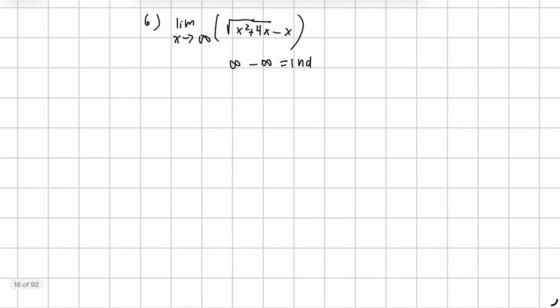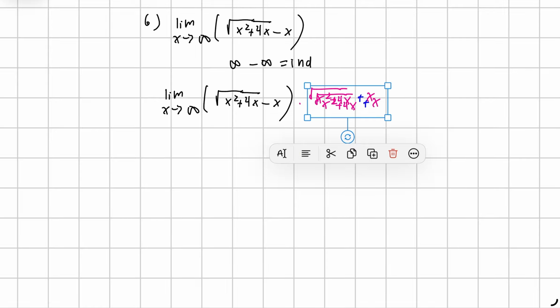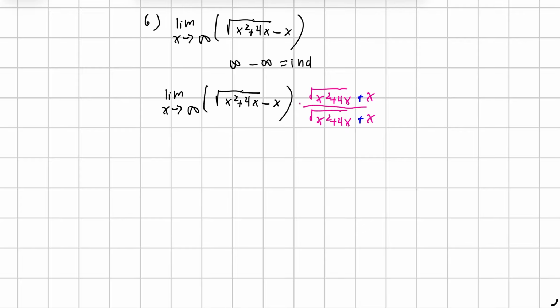So what we're going to do instead is we want to get rid of the radical by rationalizing. So let's take this, move this over here. We're going to multiply the top and the bottom by the root of x squared plus 4x, and we're swapping the sign right here. We have positive x this time, and do the same thing for the denominator as well.